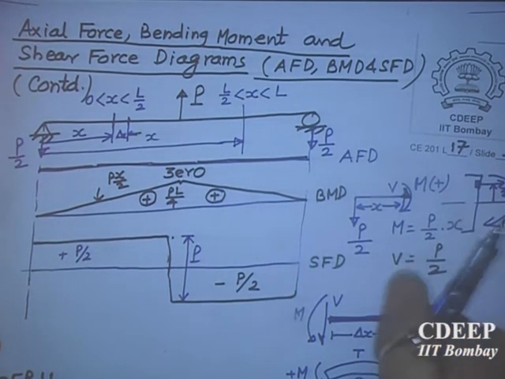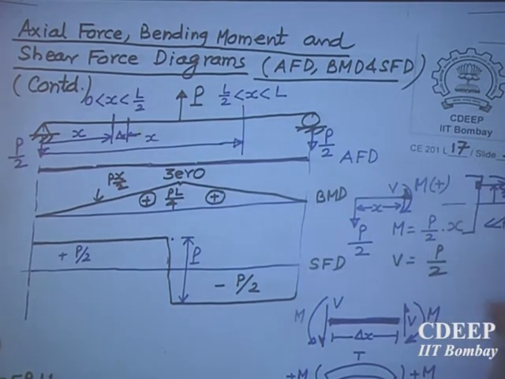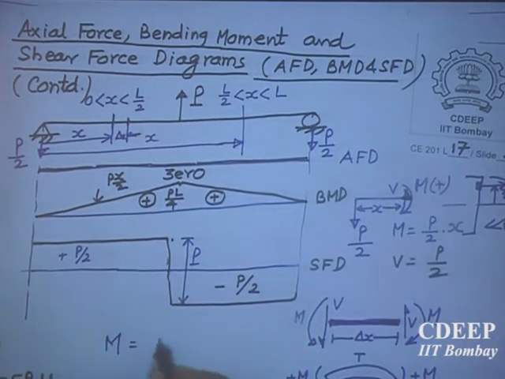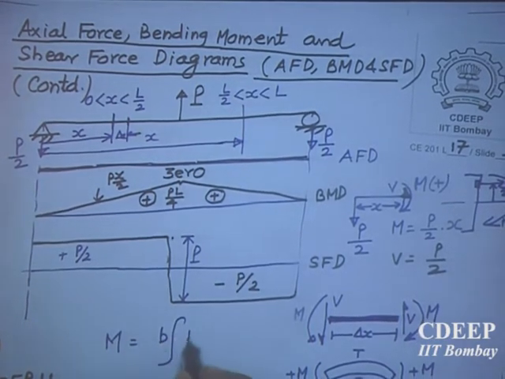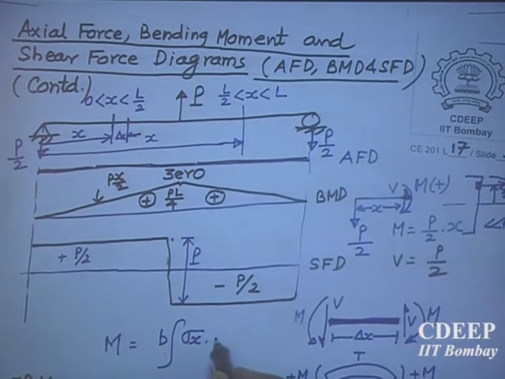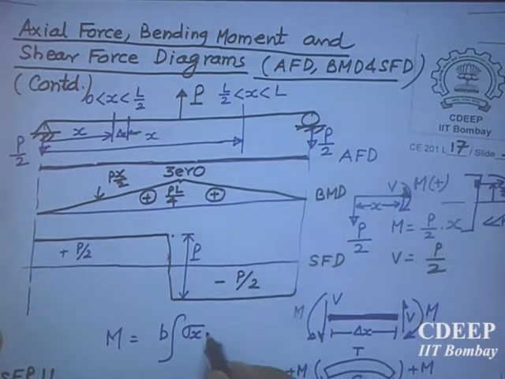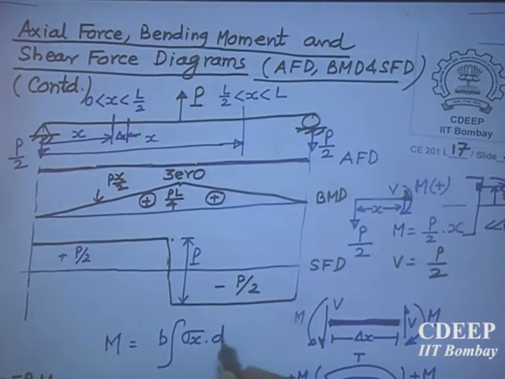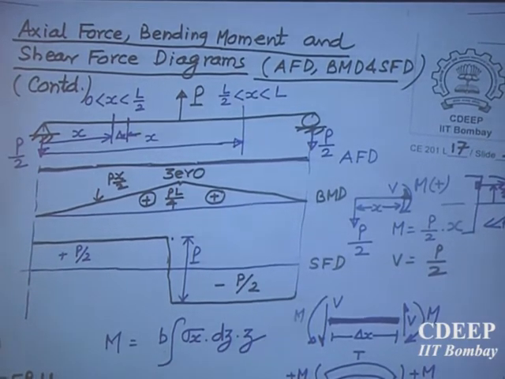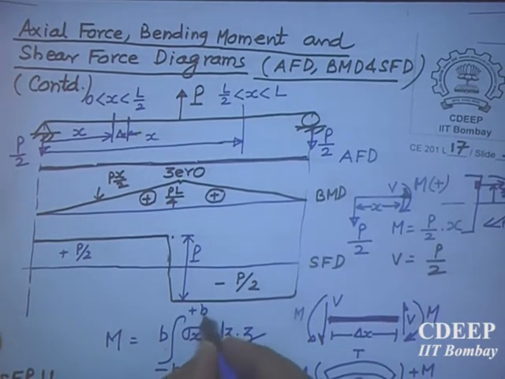So if our convention, we have taken this because our aim is, M is given by the integral of b times sigma x into area, dz into b is the area, so area multiplied by this multiplied by z, from minus h by 2 to plus h by 2.